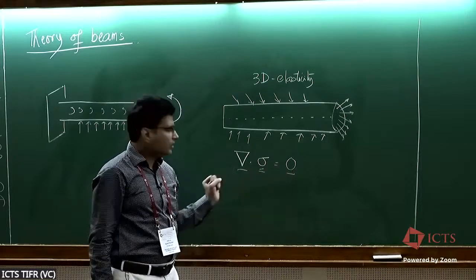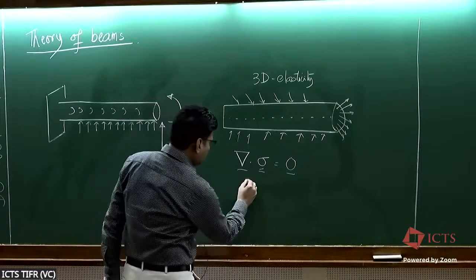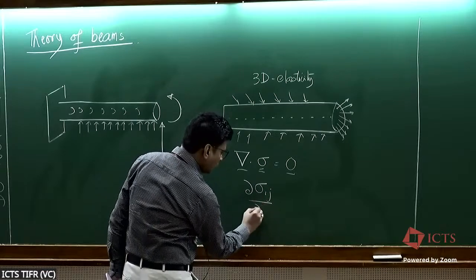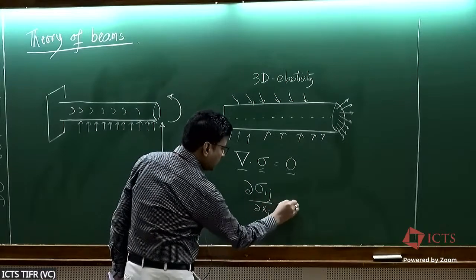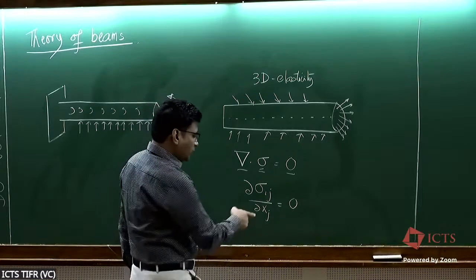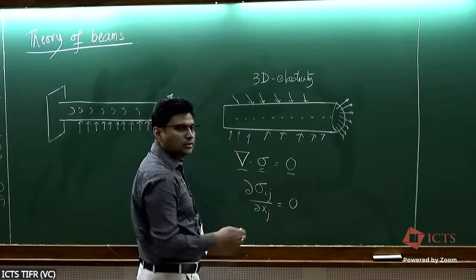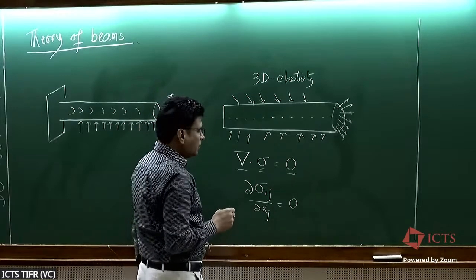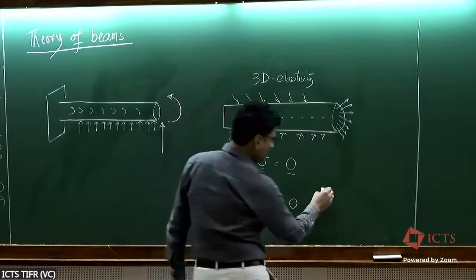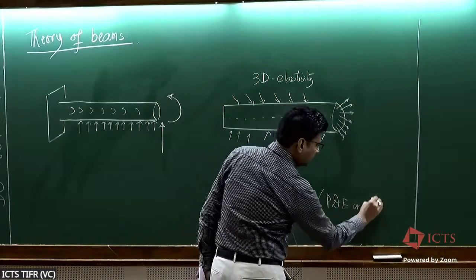And if I expand this in indicial notation, then this is going to be del sigma_ij over del x_j equal to 0. So when you have summation over j, and I can go from 1 to 3, there are 3 such equations over here. So this is already a PDE in 3 dimensions.